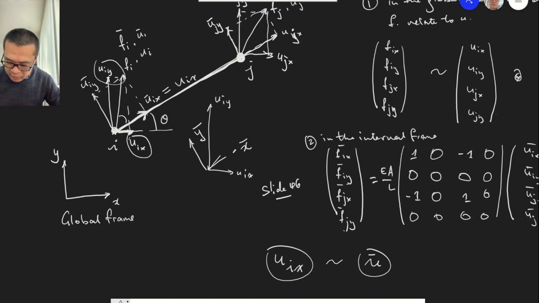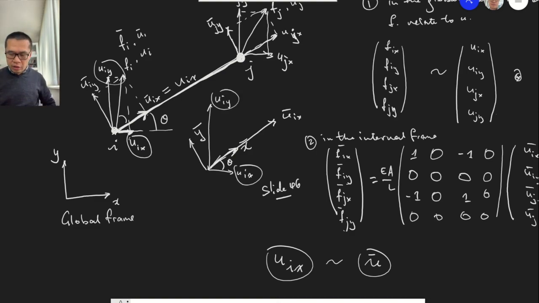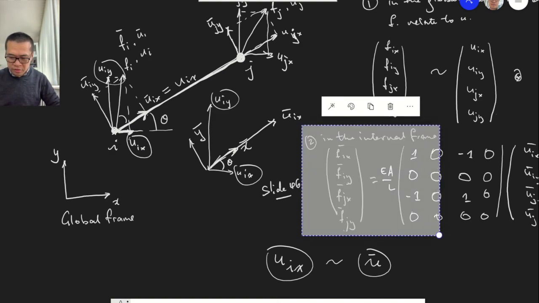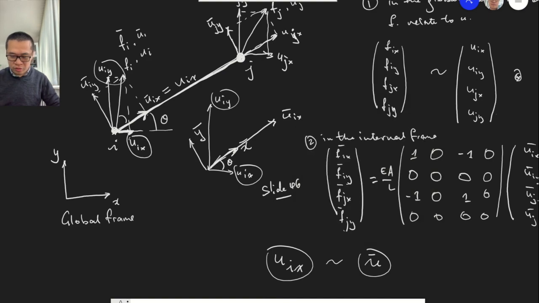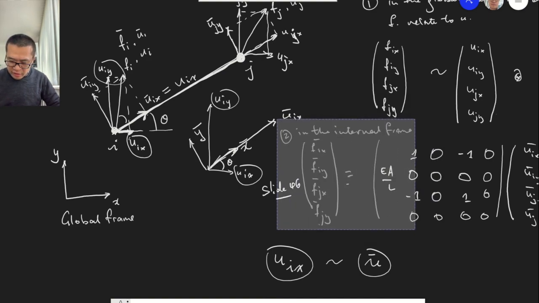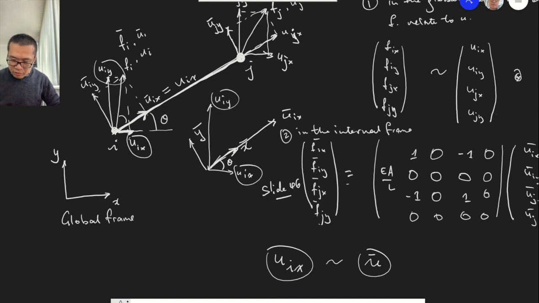So this is uix bar, right? And this is angle theta. What you can see is that both of these two displacements will have some component along this direction, because this direction is not orthogonal to either one of these two. So what you can do is project each of these onto this axis.